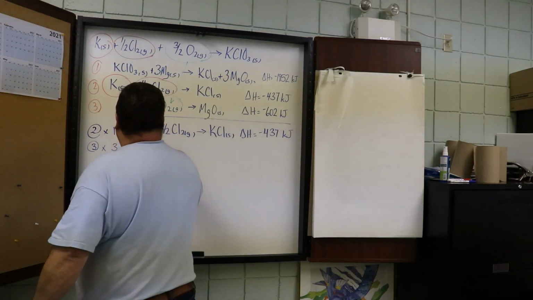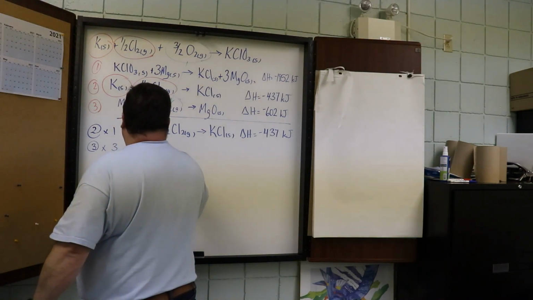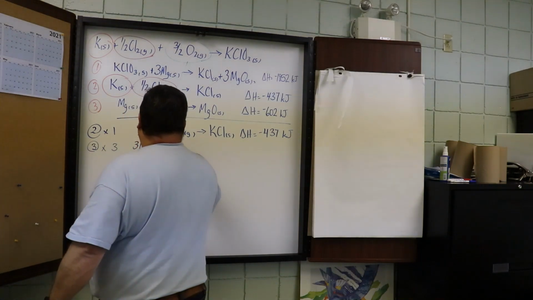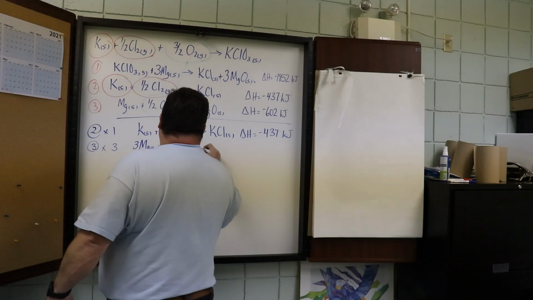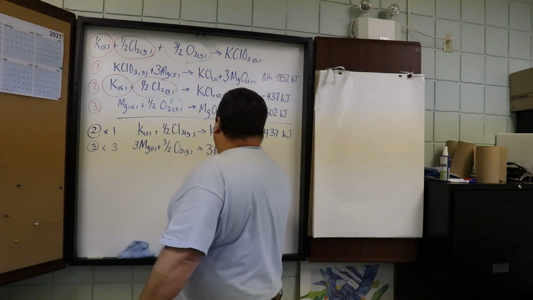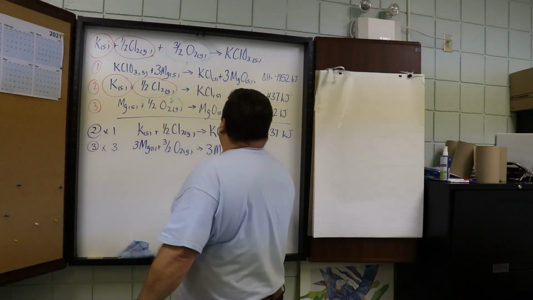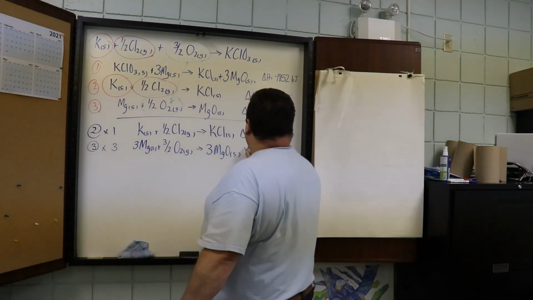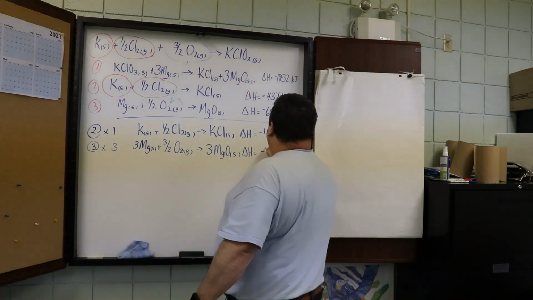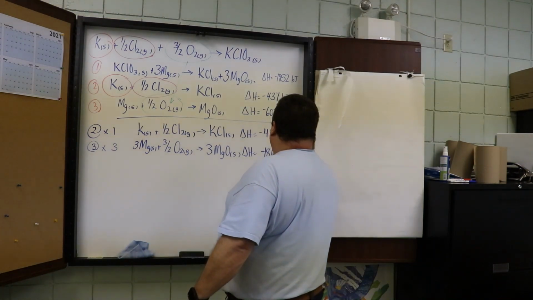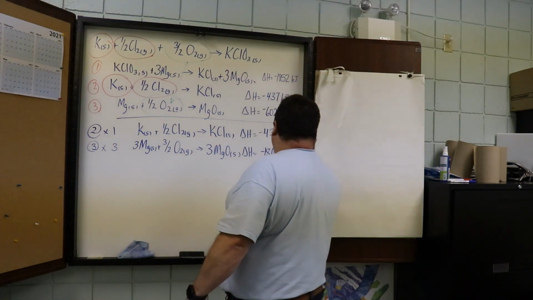So I have 3 magnesium plus 3/2 oxygen producing 3 MgO solid. Delta H is negative 1806 kilojoules.